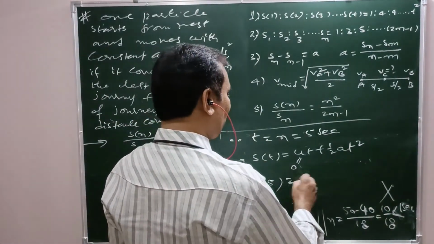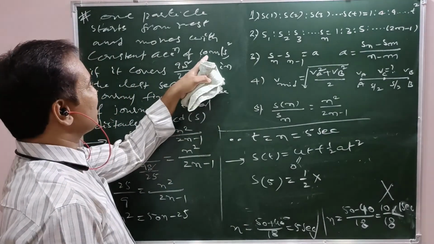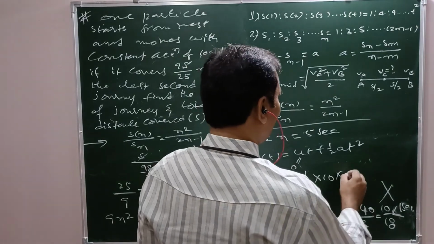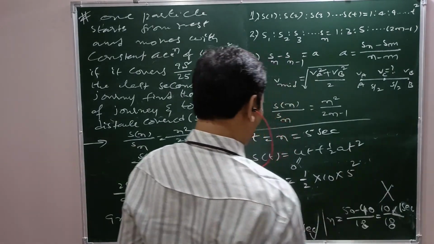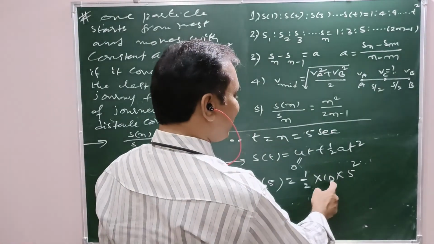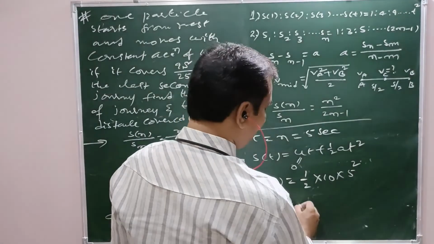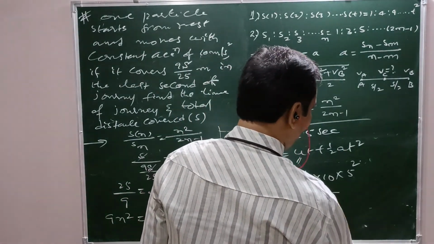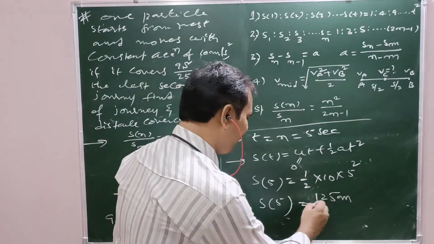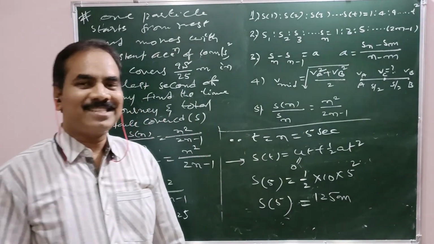That is equal to half into a, where a is 10 meter per second square, into t square, t being 5, so 5 square is 25. 25 into 10, 250 by 2, 125. S of 5 equals 125 meters. This is the distance covered in total 5 seconds.